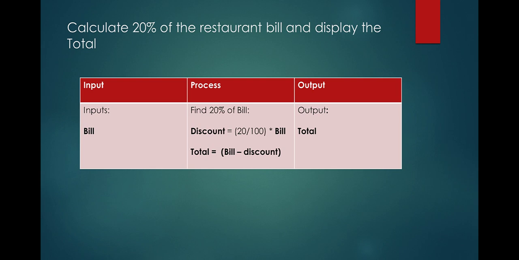So there are several ways we can go about solving it, but that is just one of the solutions. So we have our discount would be equal to 20% of 100 times the amount, right? So that will give us our discount. And then of course we would minus the discount from the bill and get the total. And the total we basically use in our output.